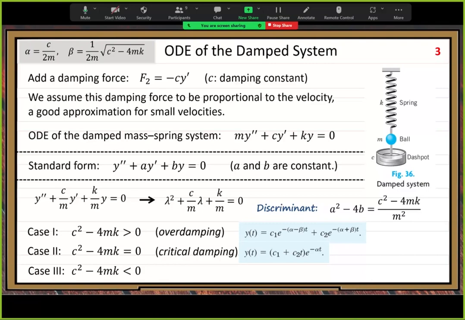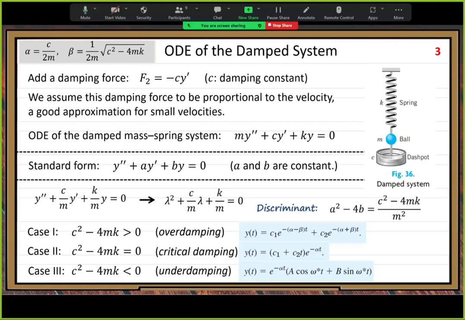Case 3, discriminant less than 0, we call the underdamping type system. The general solution formula is like this, and here we use omega star, slightly different from omega 0.